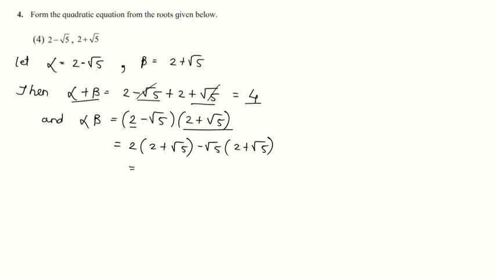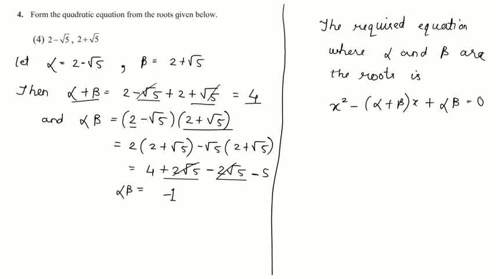What we will get here: 2 into 2 is 4, plus 2 root 5, minus root 5 into 2 is minus 2 root 5. This minus into plus is minus root 5 into root 5 is 5. You can see here plus 2 root 5 and here minus 2 root 5 both get cancelled. That is plus 4 minus 5, plus into minus is minus. 5 minus 4 is 1. Sign of the bigger number is minus. So we got the value of alpha into beta as minus 1.